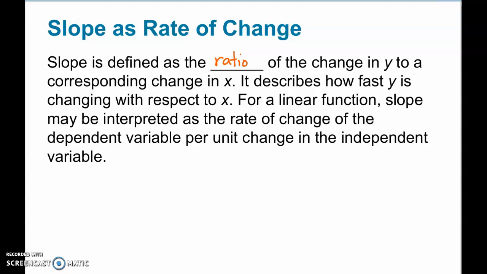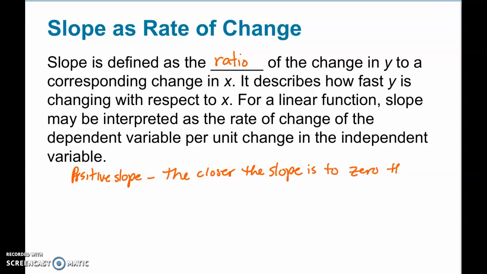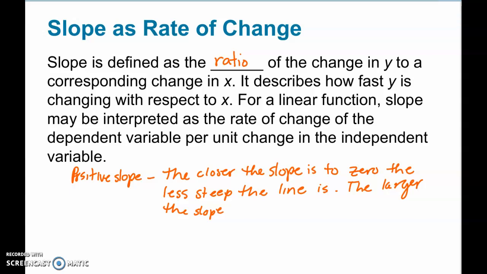If you have a positive slope, the closer the slope is to 0, the less steep the line is. The larger the slope, the steeper the line is.